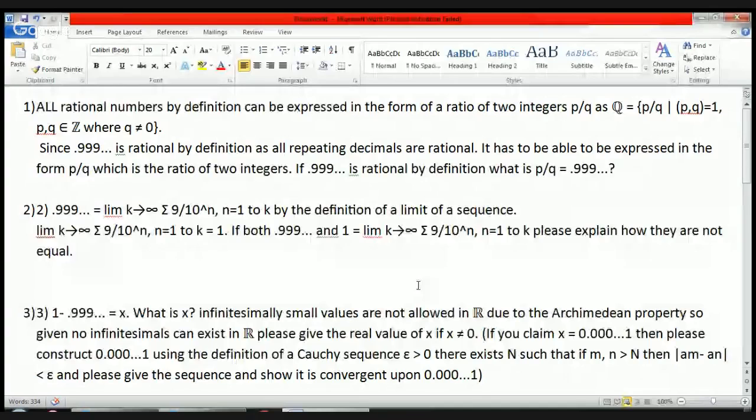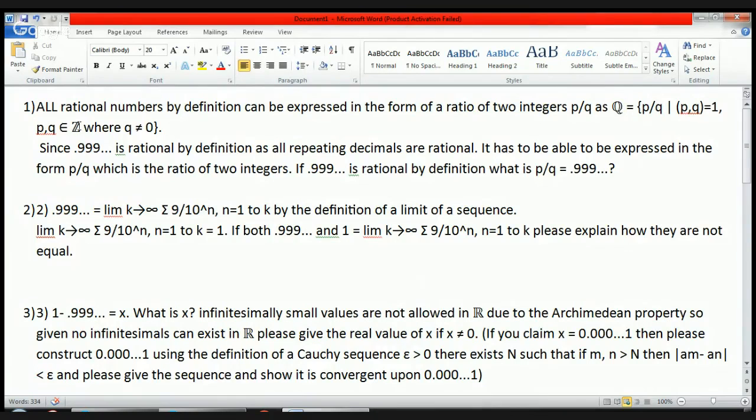So anyways, I say that all rational numbers by definition can be expressed in the form of a ratio of 2 integers, p over q, and that little funny Q symbol means the set of all rational numbers, equal to the set of p divided by q, where p and q are coprime, the greatest common divisor equal to 1. Basically, p over q is a ratio of 2 integers in lowest form.